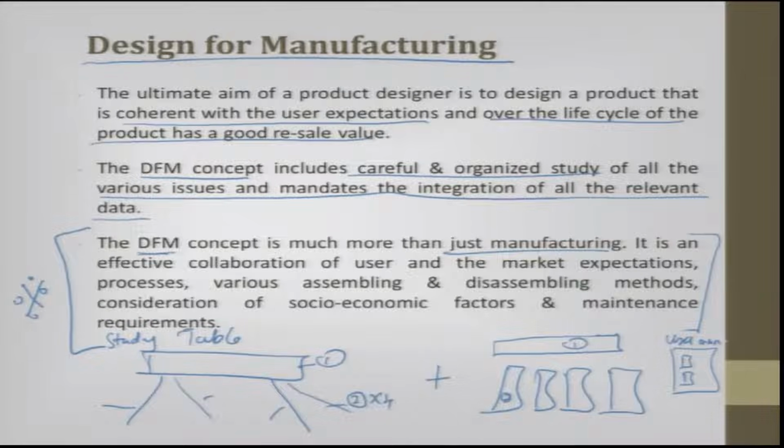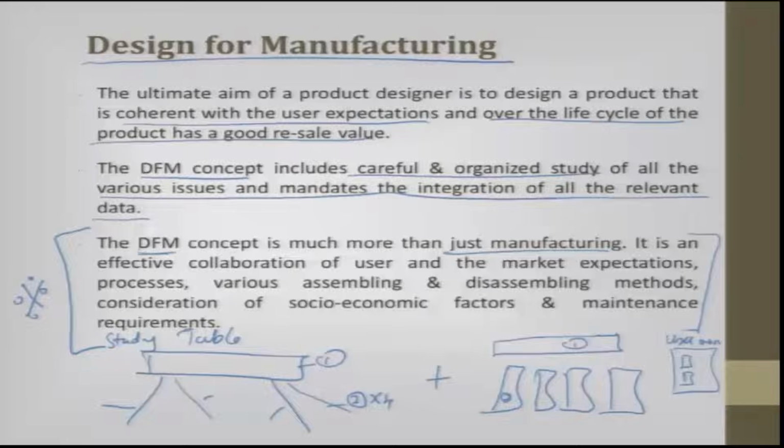Many a time this is also called customer delight, or the customer is over thrilled when he assembles and sees a product that he has assembled and which he is using. So, this is also a part of DFM.